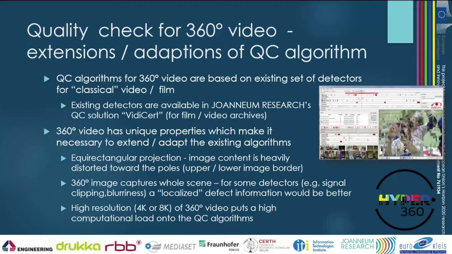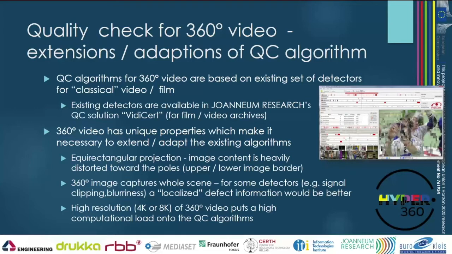That's the usual projection for recorded 360 video, but it means that the image content is heavily distorted towards the poles. You can see that especially in the upper and lower image border.